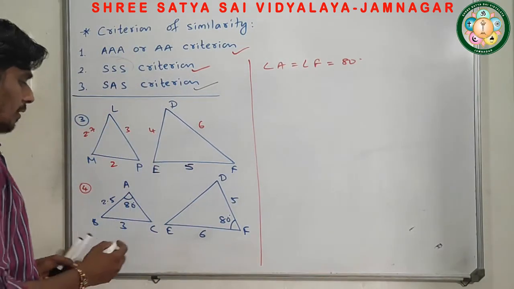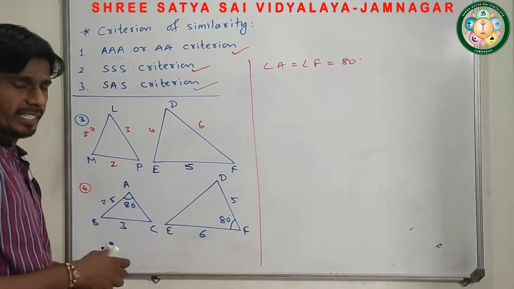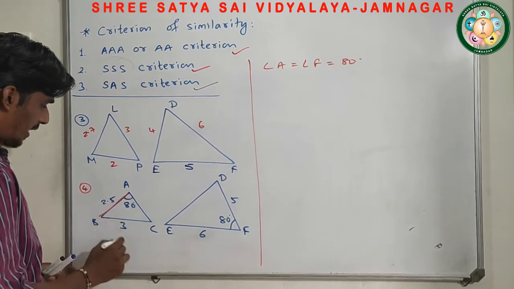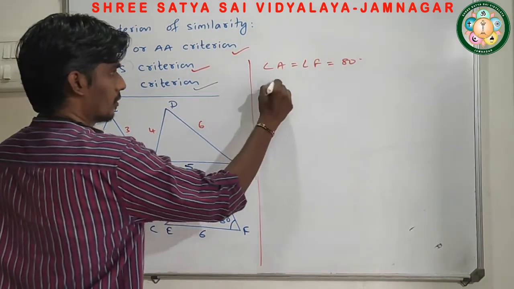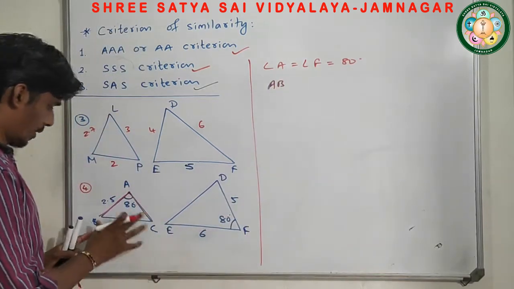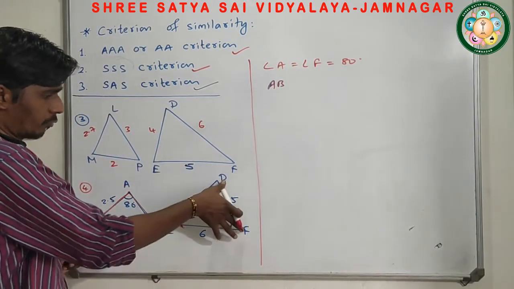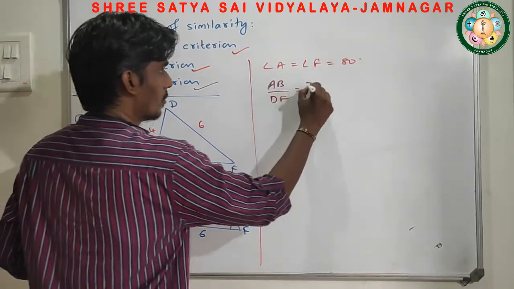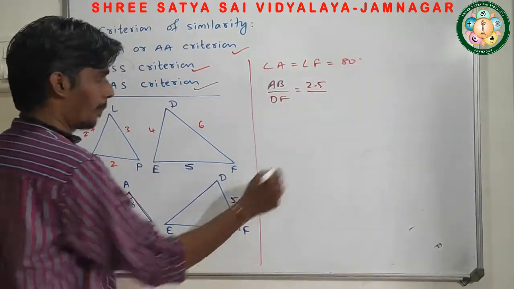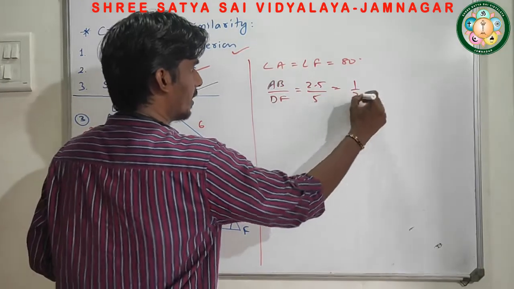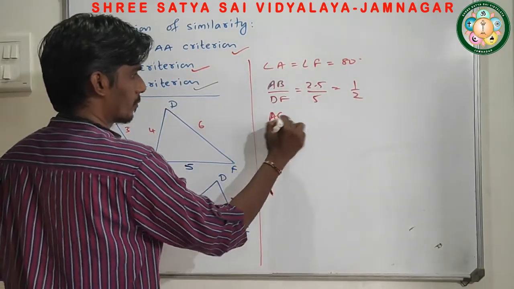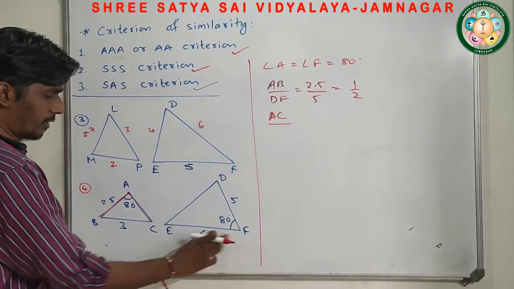But now, the included sides are what? This AB and AC. This AB is what? 2.5. Its included side is what? Let's take DF. How much is it? 2.5 upon 5. It's definitely 1/2. But now this AC corresponds to what? EF.